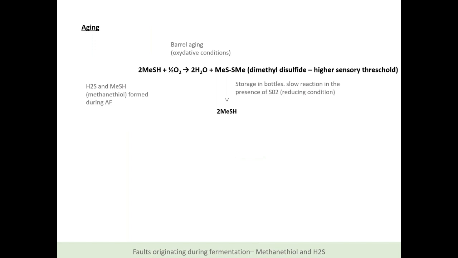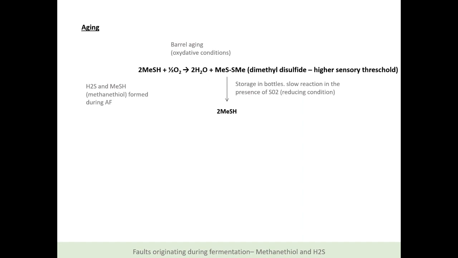Okay, aging. What happens during aging? If we go through barrel aging, here there's the example of methane thiol. You know that oak is permeable to oxygen, so oxygen gets into the barrel and oxidizes methane thiol to the corresponding disulfide.